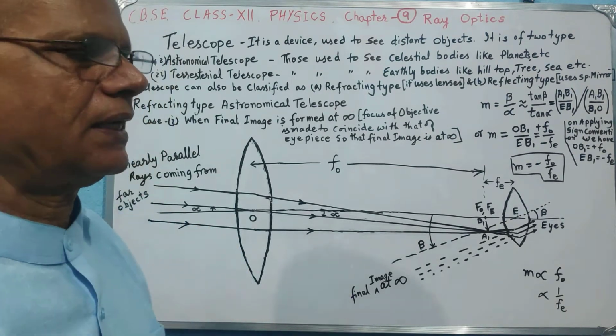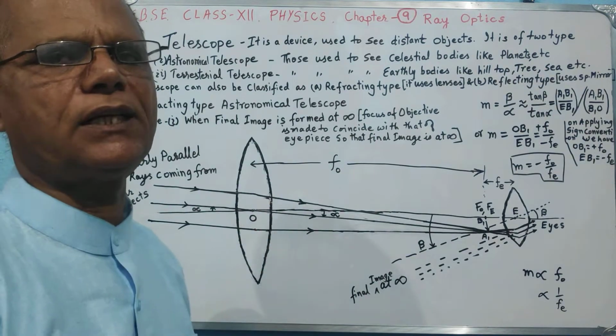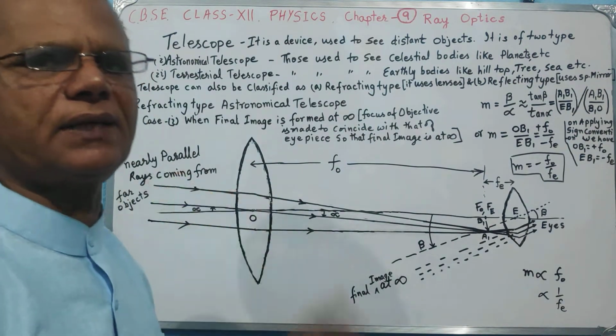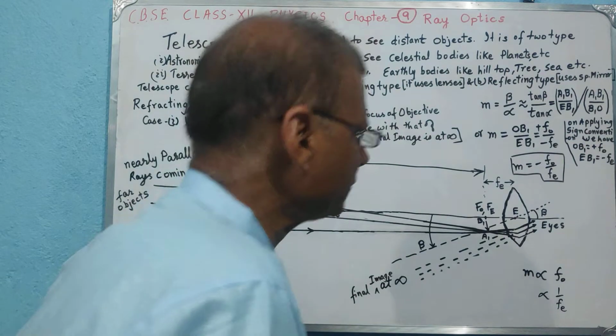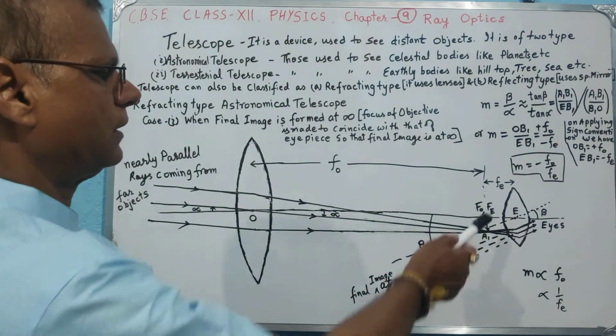So here, in case of telescope, we are having objective of larger aperture and eyepiece of a smaller aperture.